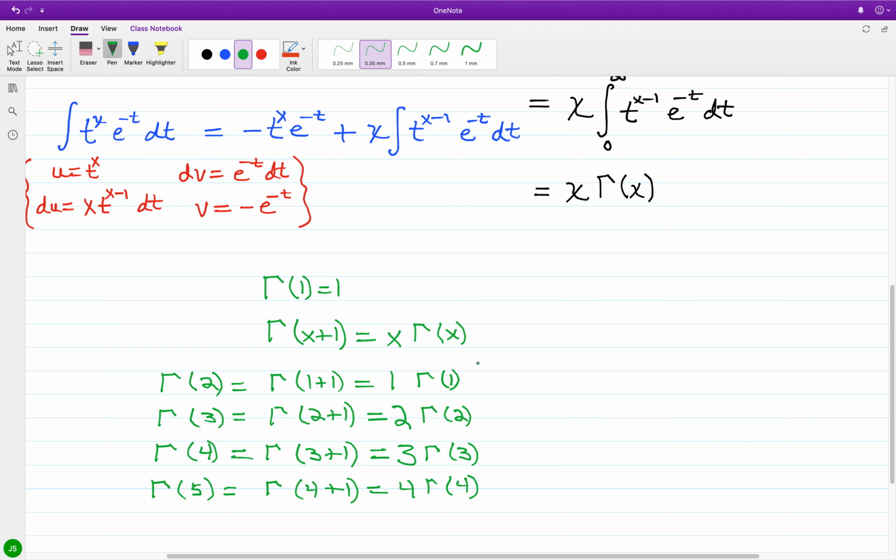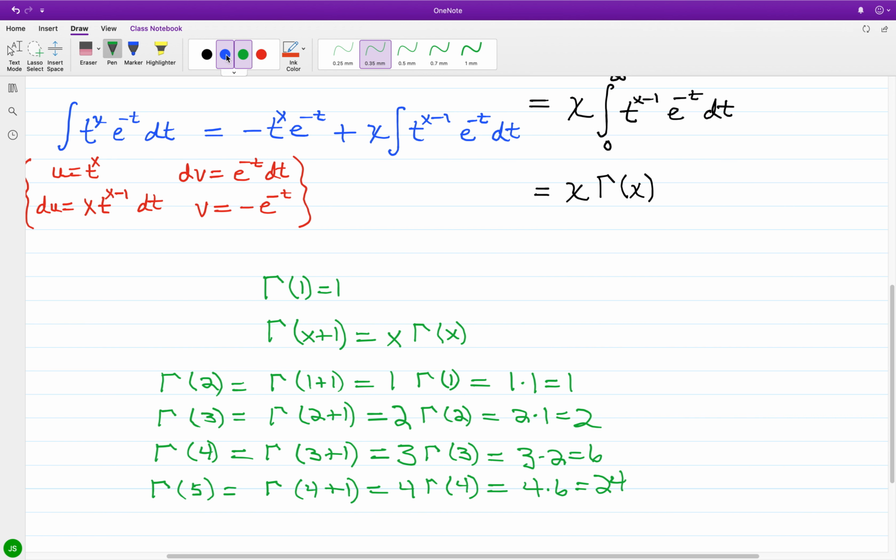So with gamma of 1 equal to 1, 1 times 1 is equal to 1, and 2 times gamma of 2, so gamma of 2 is equal to 1, and gamma of 3 is going to be equal to 2. For gamma of 4, we have 3 times gamma 3, so 3 times 2, which would be equal to 6. And 4 times gamma 4, we have 4 times 6, so that is equal to 24.